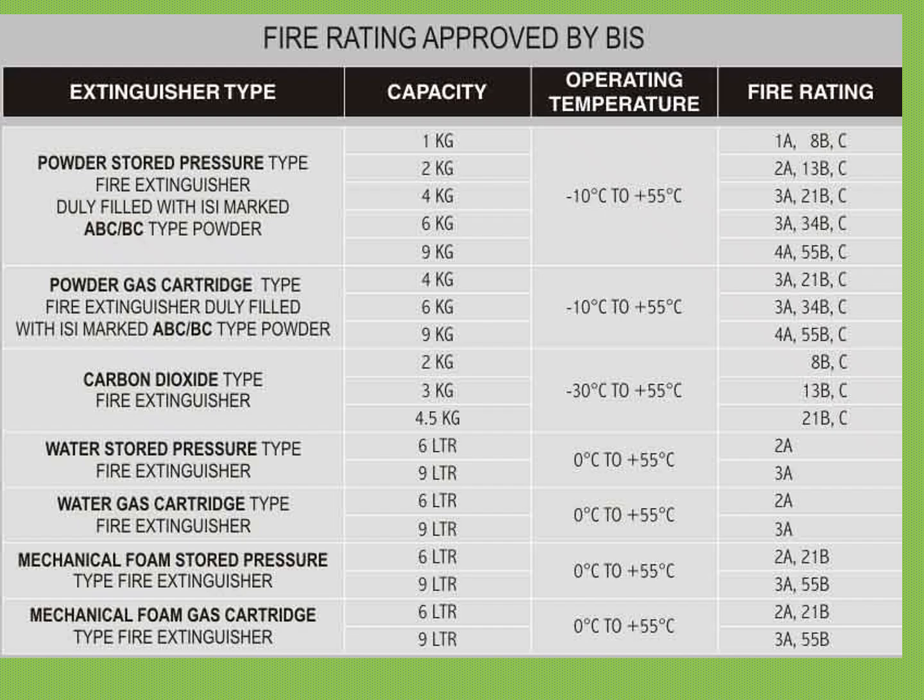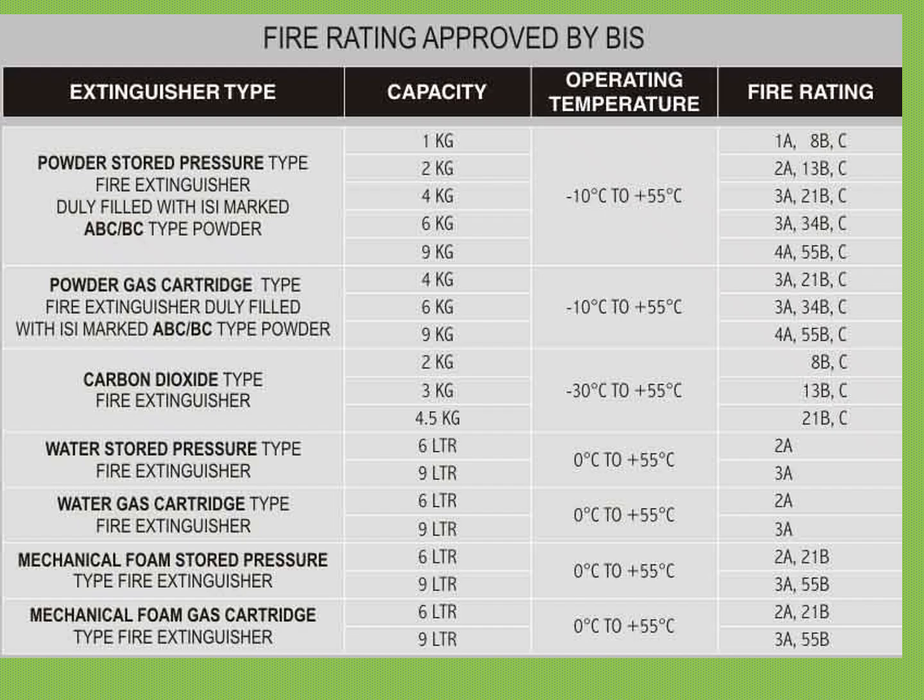Most of the extinguishers are rated for -10 to +55 degrees Celsius. The more important point is that one particular type of extinguisher can be used for different types of fires, and that is written on their face. You can come to know whether it is A, B, C, or only A or only B type.